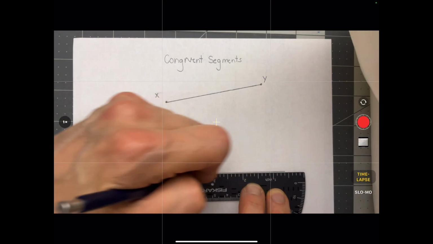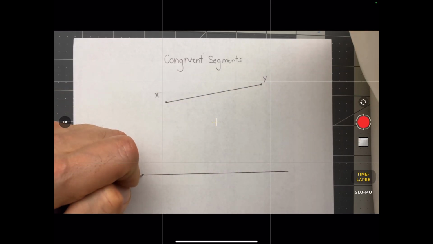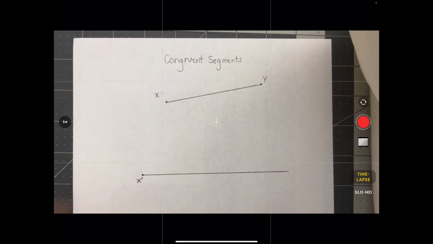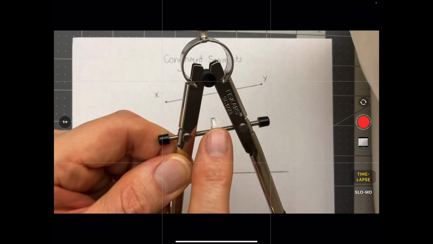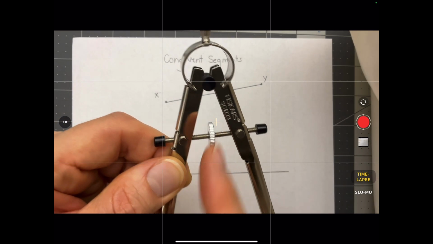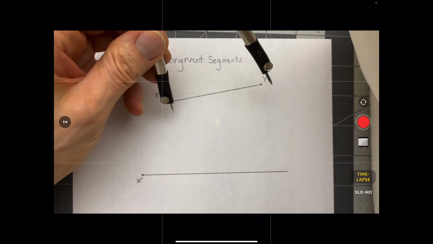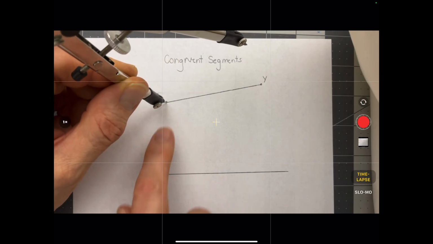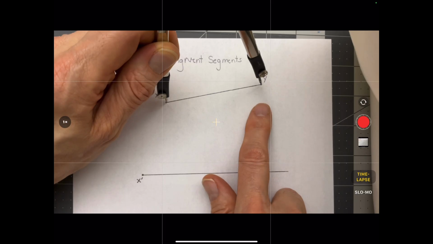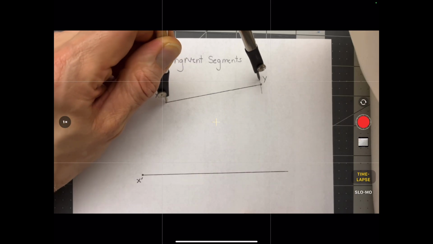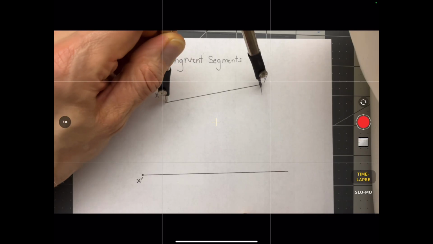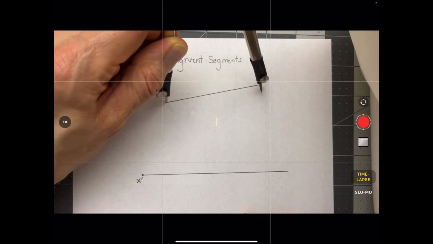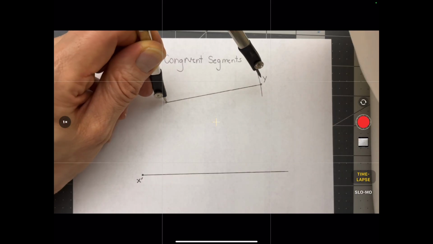Just going to draw it right across the page, and I'm going to mark this as my X prime because it's my new X. And I'm going to take my compass, and I'm going to change the compass setting using the scroll bar here, and I am going to set my compass setting so that the pivot point on the compass goes on one end point, and then I want to make sure that the line and its end point are right at the edge of the compass.